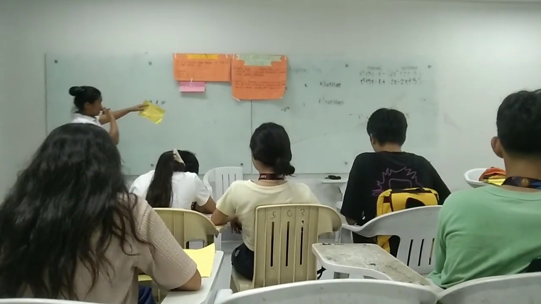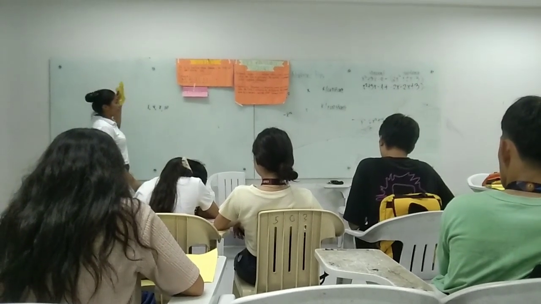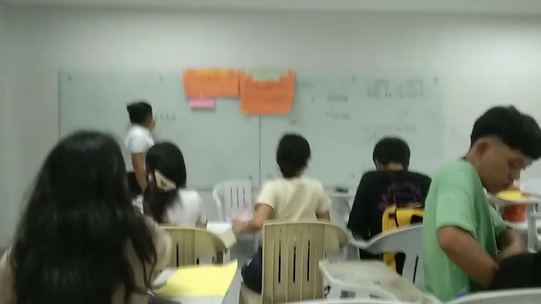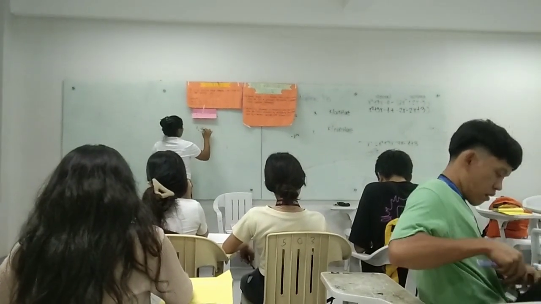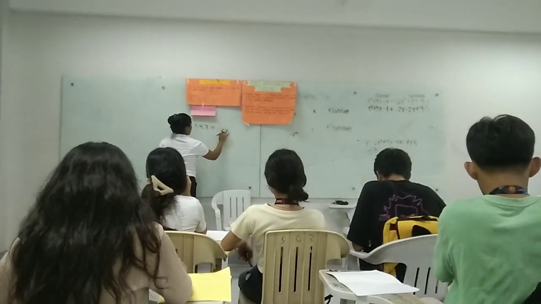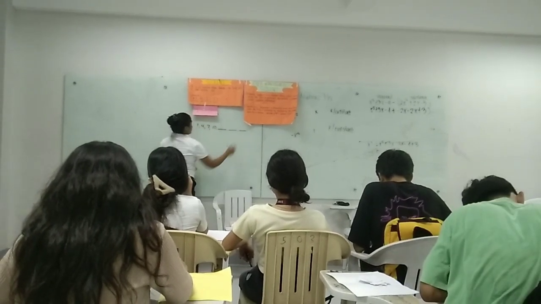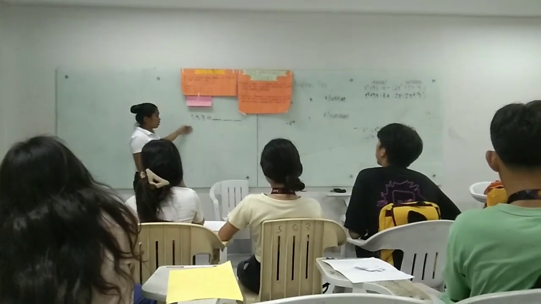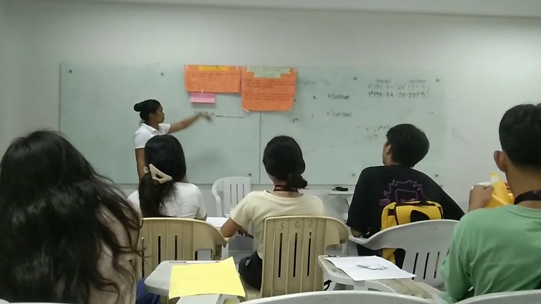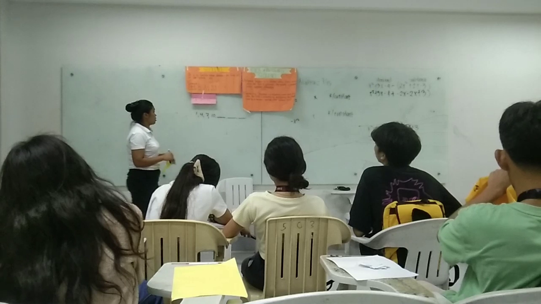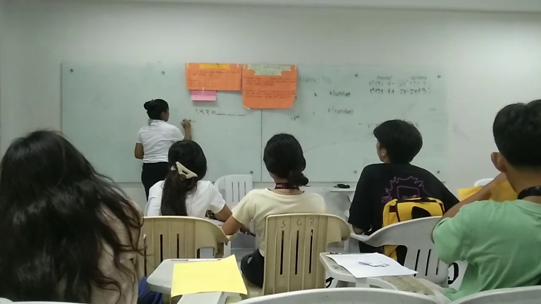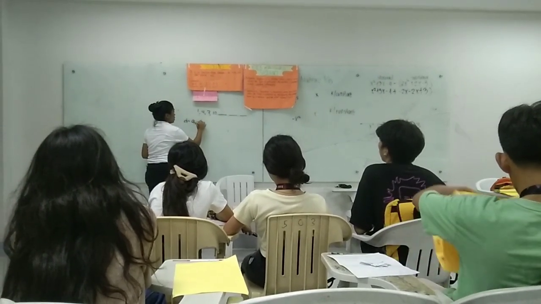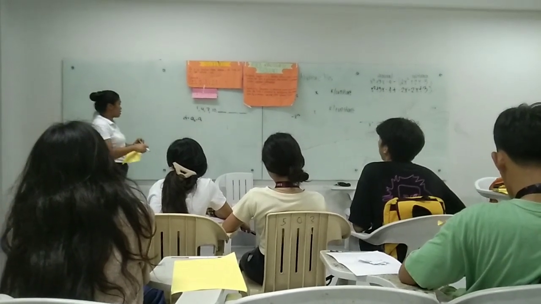So in solving arithmetic sequence by finding a, we will use this example and we will be solving this using the equation a sub n equals a sub 1 plus n minus 1 times d. So to find the common difference, let's have a sub 2 minus a sub 1.